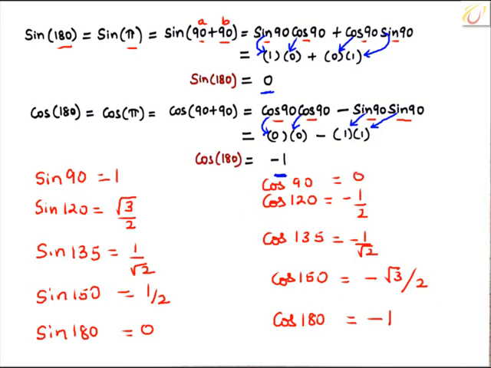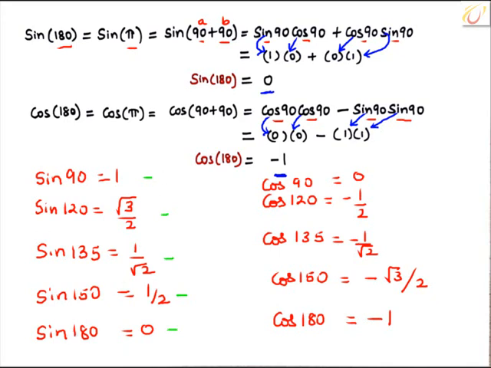So can you see a trend emerging? If you look at the values of sine from 0 to 90, you get the same values. Sin 0 is 0, sin 30 is half, sin 45 is 1 upon root 2, sin 60 is root 3 by 2, sin 90 is 1.